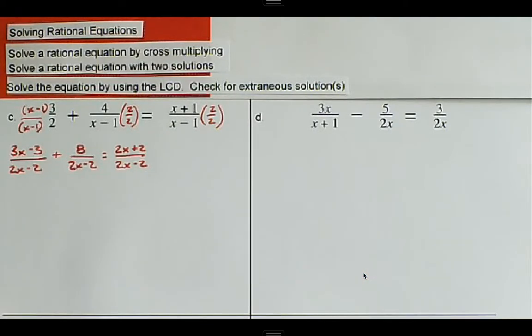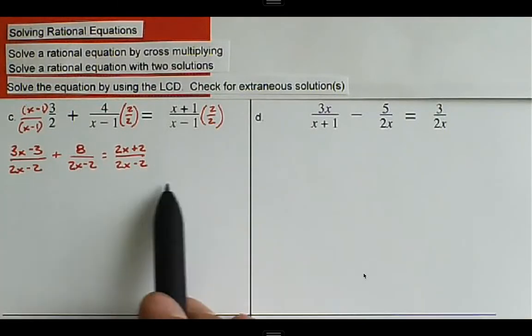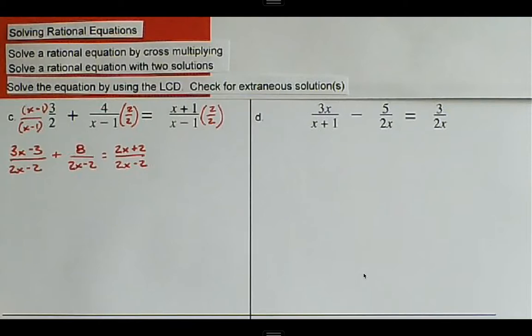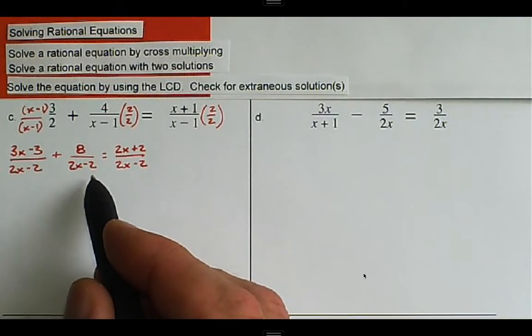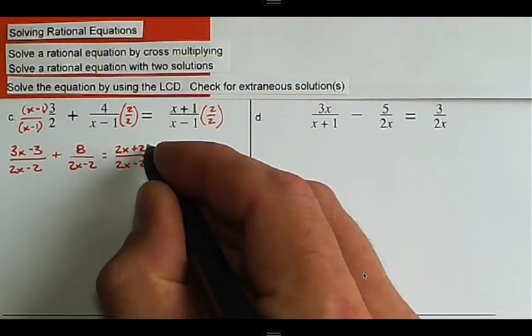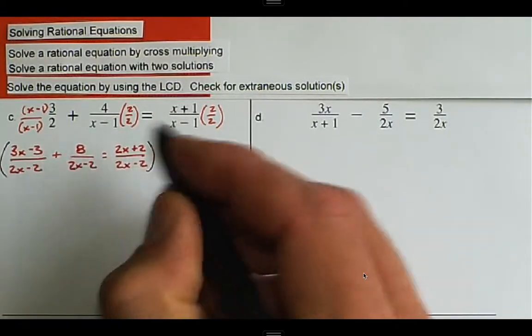And so we're all set there. The reason that we did that is because now we have common denominators. And what we can do is get rid of those common denominators by multiplying by 2x minus 2.